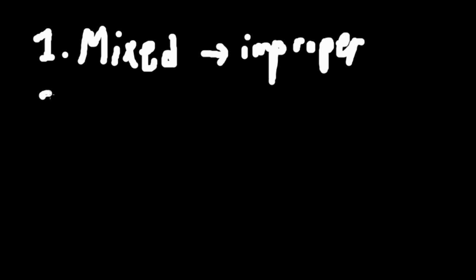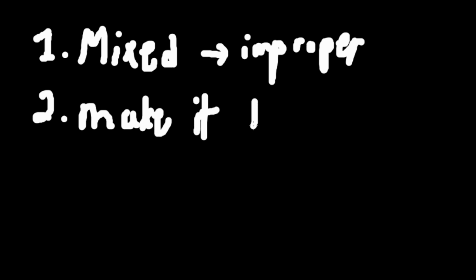Okay, so now let's review. So first we turn mixed fractions into improper ones, all of them. Second, we make the whole equation have the same denominator.